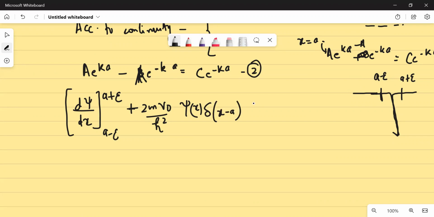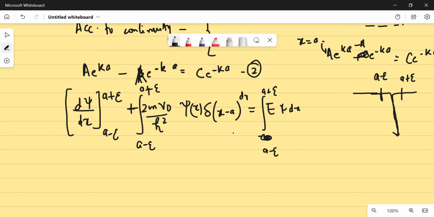This is equal to E psi dx, integrated from a minus epsilon to a plus epsilon, and similarly here also you have an integral from a minus epsilon to a plus epsilon.